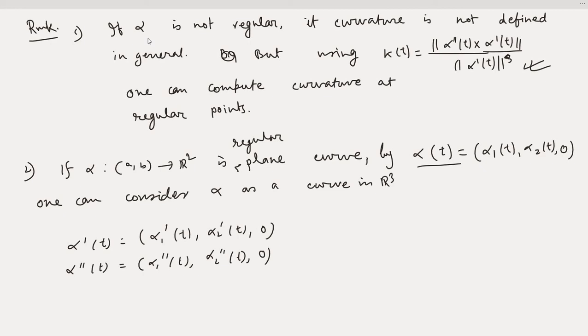Then what is the cross product? Then alpha double prime of t cross product with alpha prime of t is equal to, well, the first component will be 0.